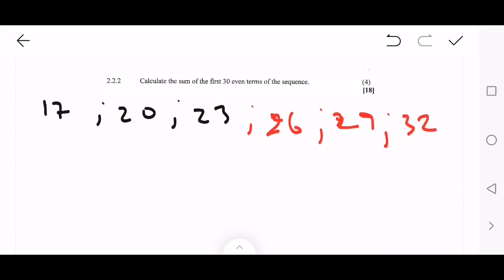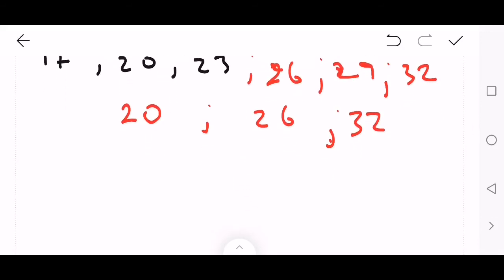And from this sequence we need to extract all the even terms. So the first even term is 20, and the second one will be 26 and 32.